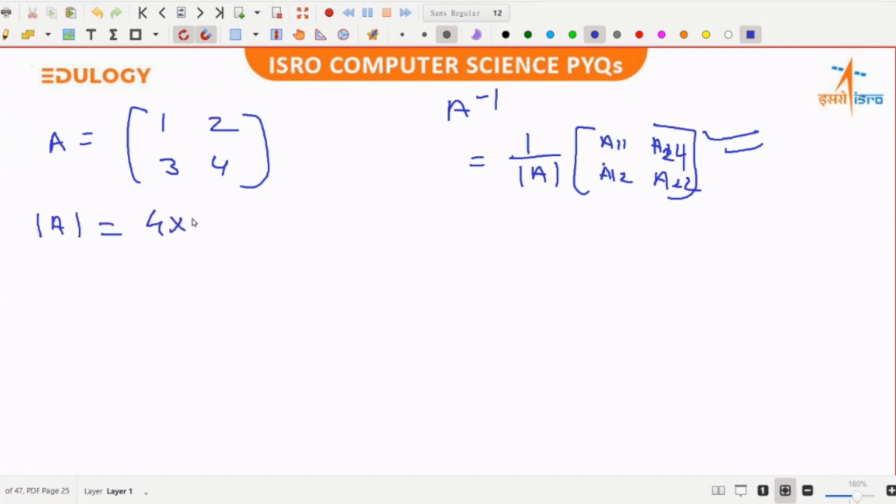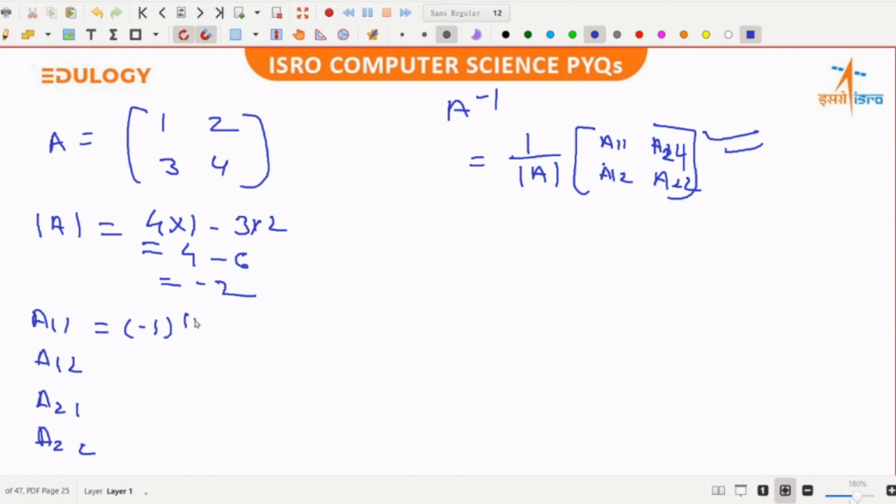It is simple: 4 into 1 minus 3 into 2, which is 4 minus 6, which is minus 2. Very simple calculation. Now A11, A12, A21, A22, with signs minus 1 to the power 1 plus 1, 1 plus 2, 2 plus 1, 2 plus 2.